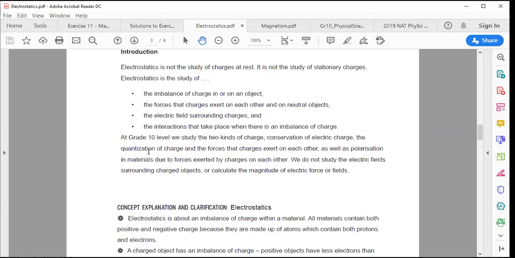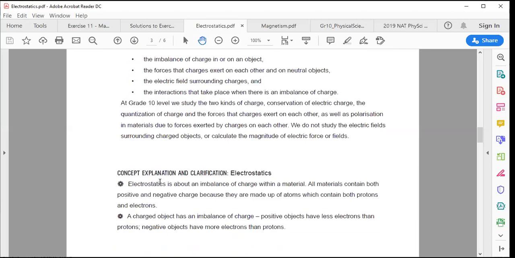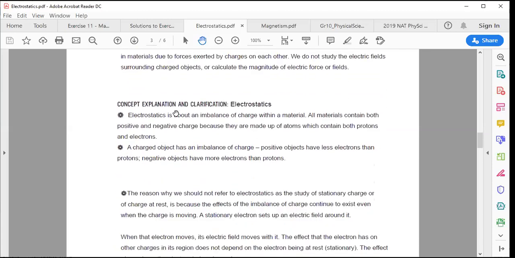So in grade 10, we study two kinds of charge, that is your positive and your negative. We also study conservation of electric charge, quantization of charge, the forces that are exerted by the charges, as well as polarization. Then electrostatics is about an imbalance of charge within a material.